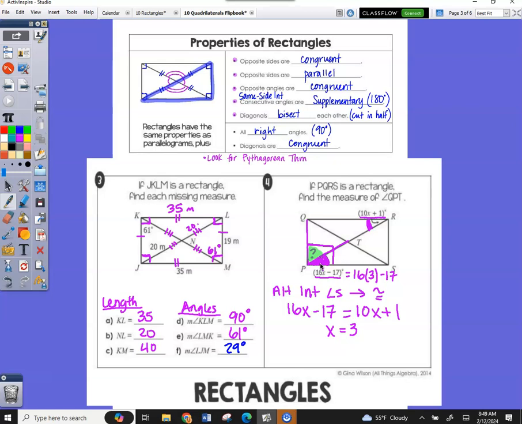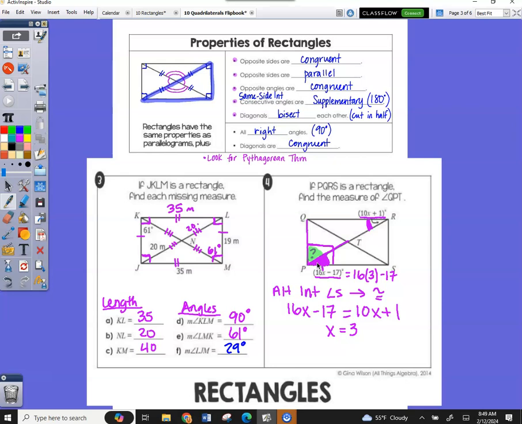So this is an angle measure, and the arrow's saying that they want you to call that little purple angle 16x minus 17.